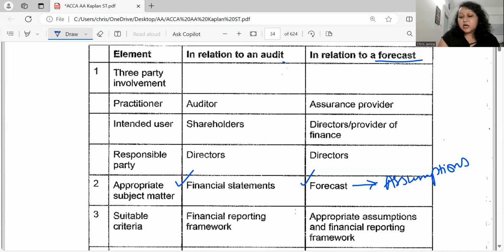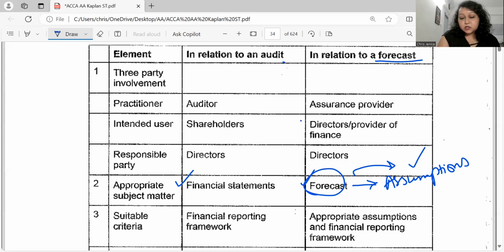So the criteria would be whether the assumptions made are appropriate, okay, and whether the forecast made is in line with the assumptions that have been made. So that's what will be the suitable criteria. And who is basically going to be the responsible party here? Again, the directors, and the intended users will also be directors or the provider of finance.